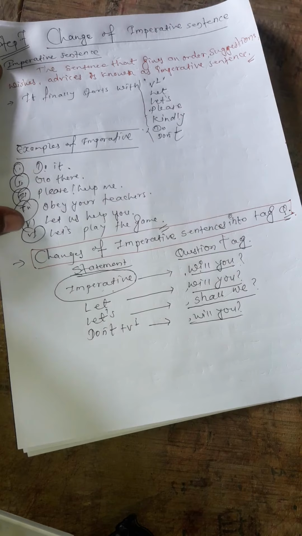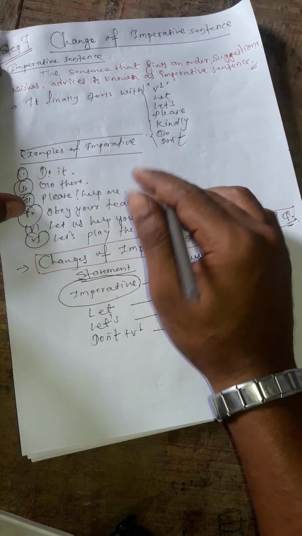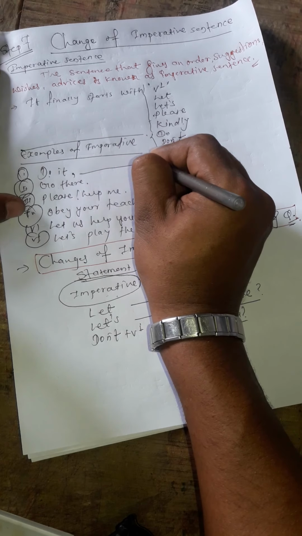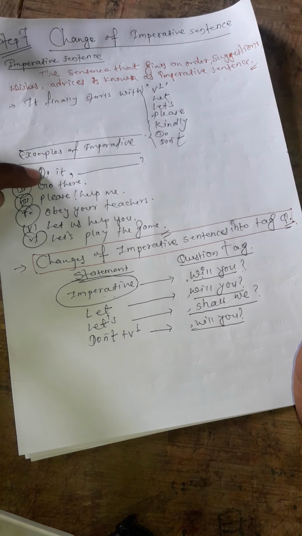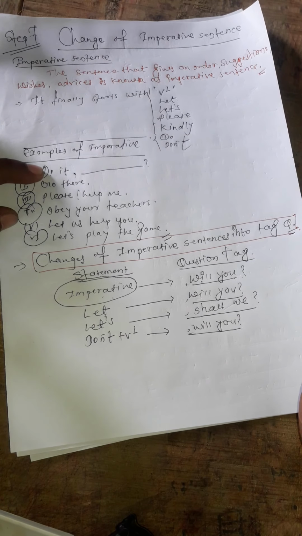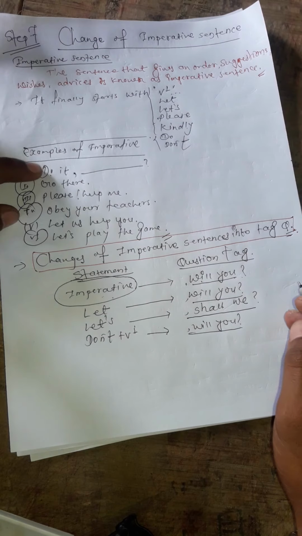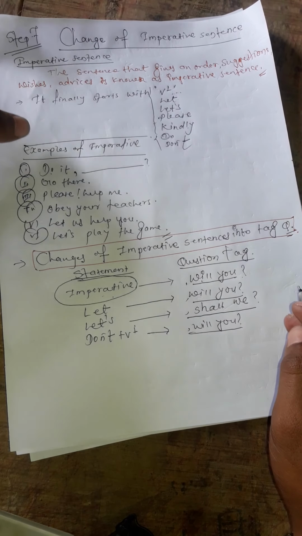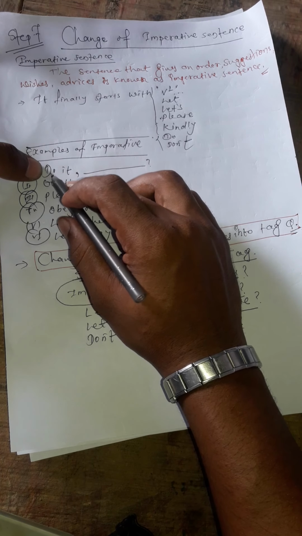For example, we can look here in our examples. Do it. What is the question tag of do it? Do is verb 1. If it is started with verb 1, it is an imperative sentence. And the statement is started by verb 1, do.